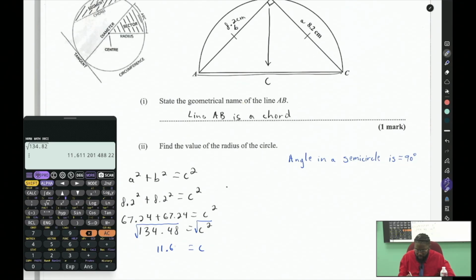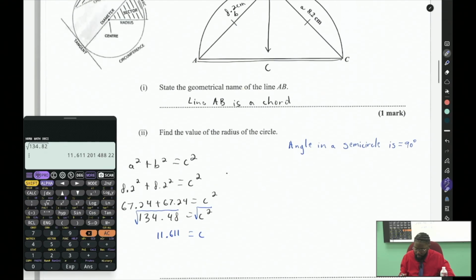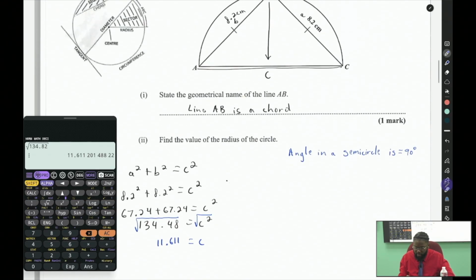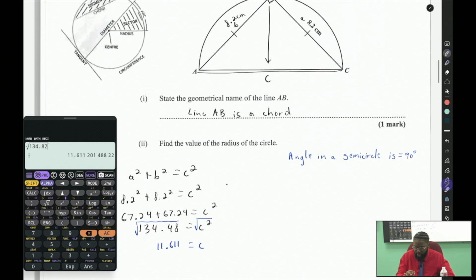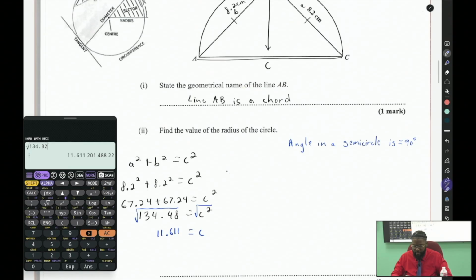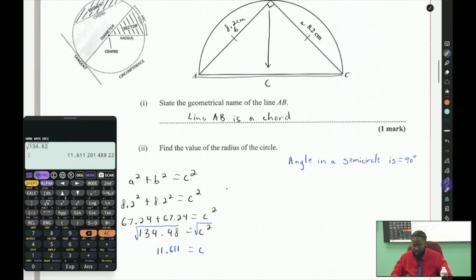However, we will use 3 decimal places, or you could even use 3 significant figures, up to you. But c would be equal to 11.611. All right. However, what we have just found is a diameter. So we're still not finished.